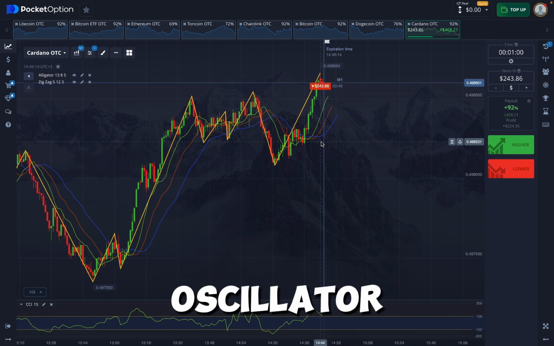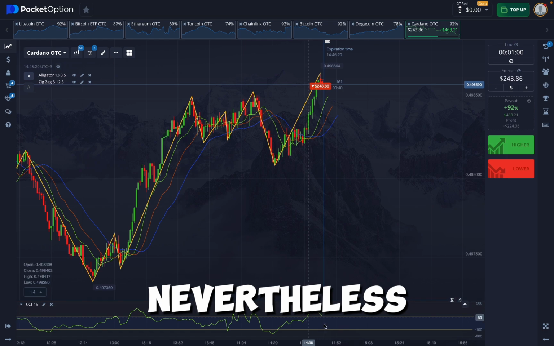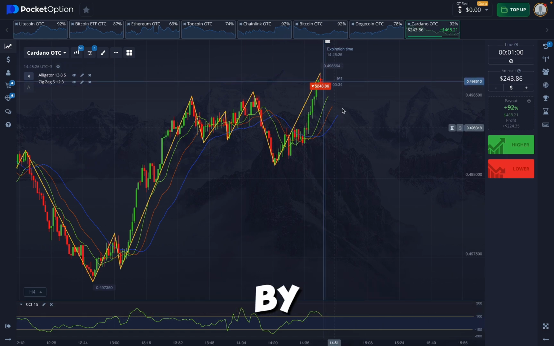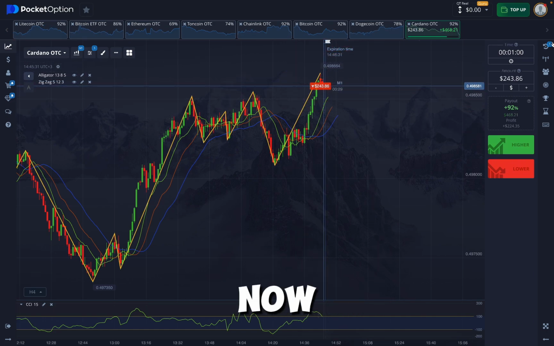On my oscillator, I am now coming out of the overbought area, and nevertheless, a maximum is still forming, and here I am not guided by the moving alligator lines, as they are just for me now.